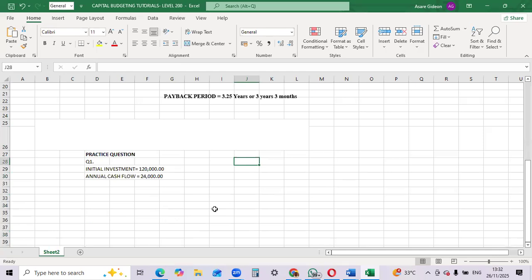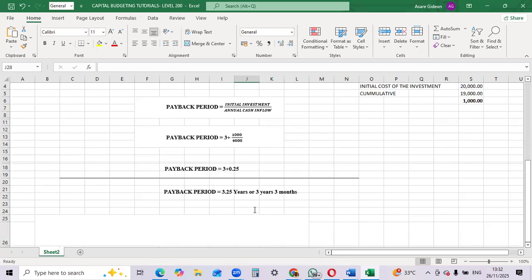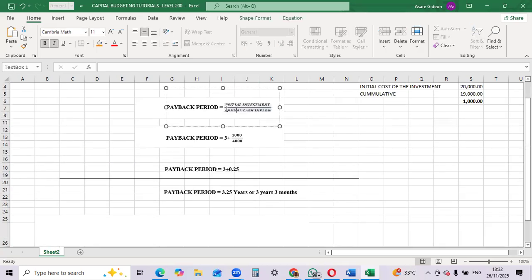Okay, so the question says you should calculate what? The payback period. What will be the payback period? And this is very simple. Now, look, this is our formula. We just copy the formula.